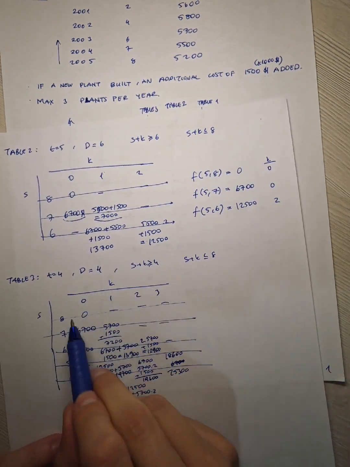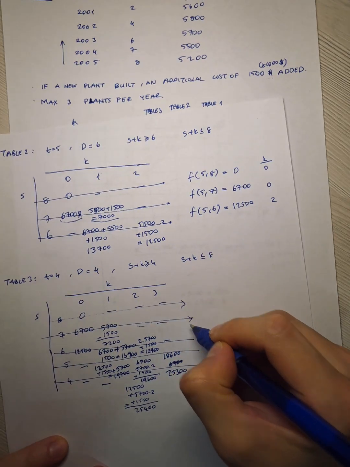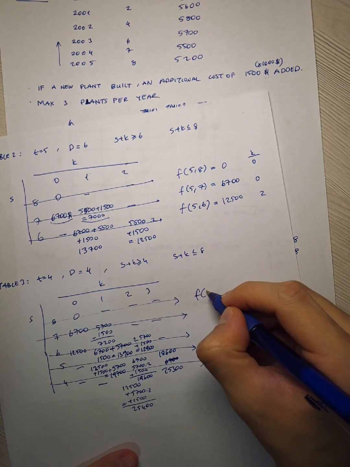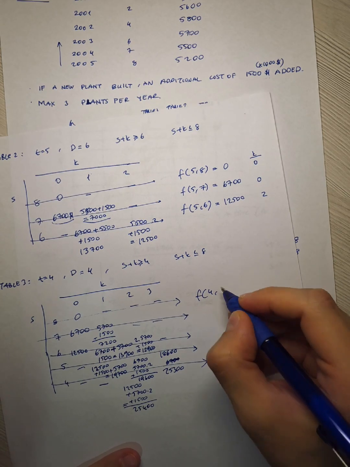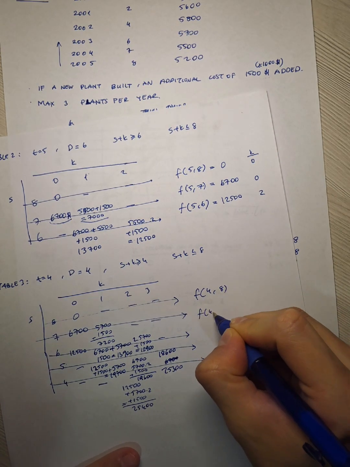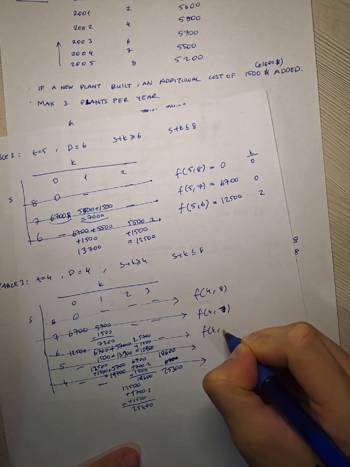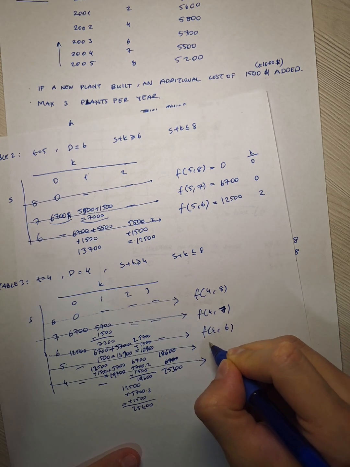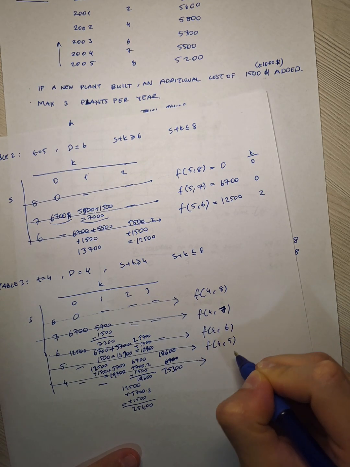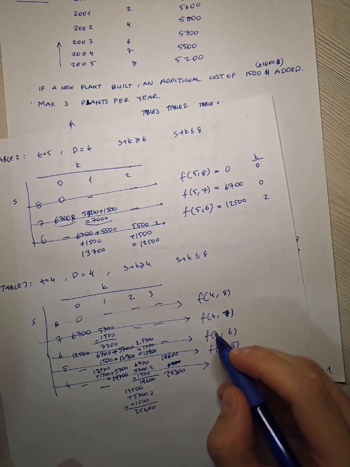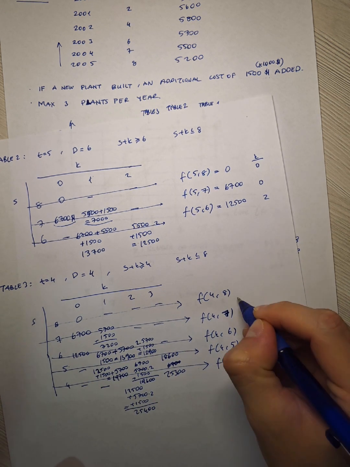And decide which decision is the best. So this is the meaning of this horizontal line. So at time step 4, if you end up at 8, 7, 6, 5, and also here 4.